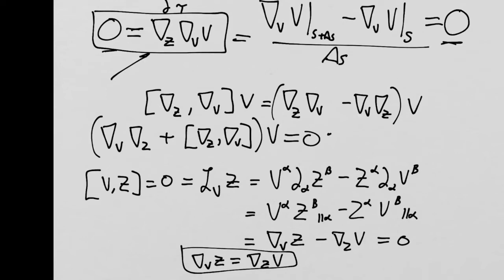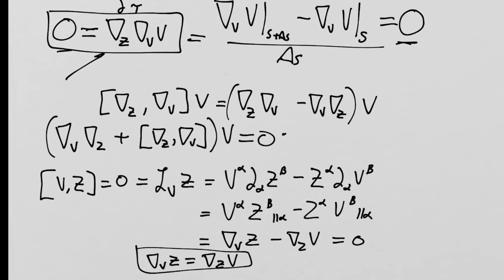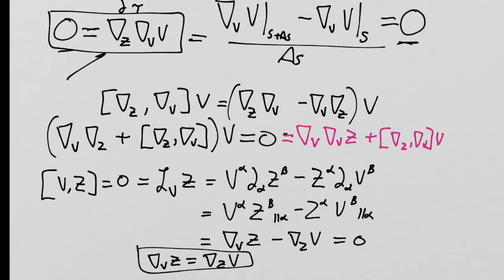So now we look at this again, and we see we have the covariant derivative in the direction Z of V, and I'm going to replace it with the covariant derivative in the direction V of Z right there. If I do that, I end up with this nice magenta expression, and this now equals 0.